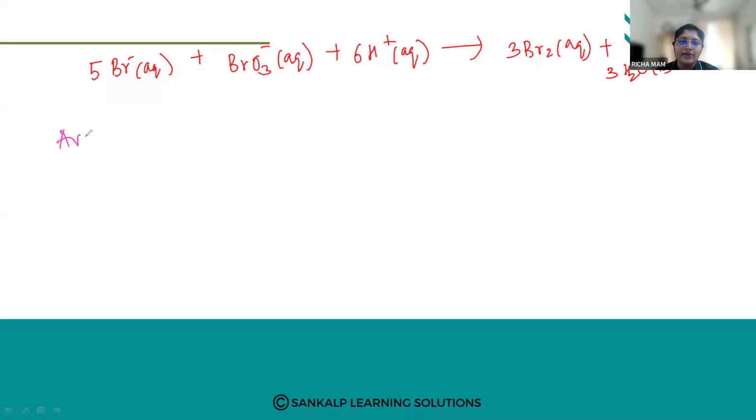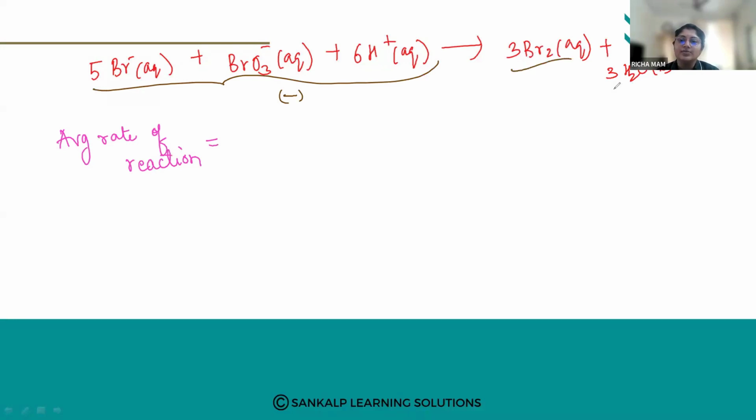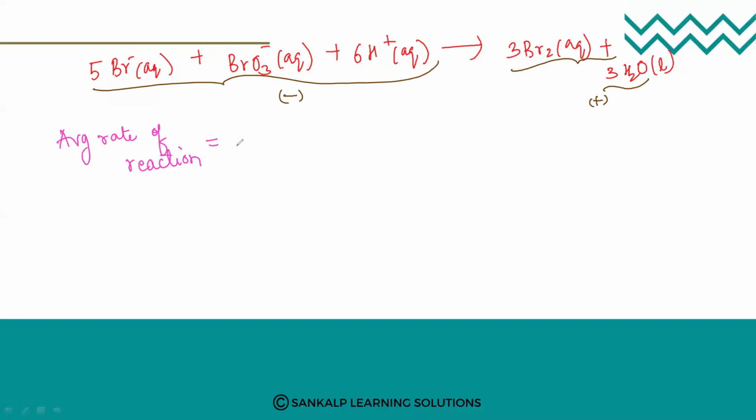How will you write the average rate of reaction? By now you should be perfect, I have taken many examples. On the reactants you take a minus sign, and on the products you take a plus sign.